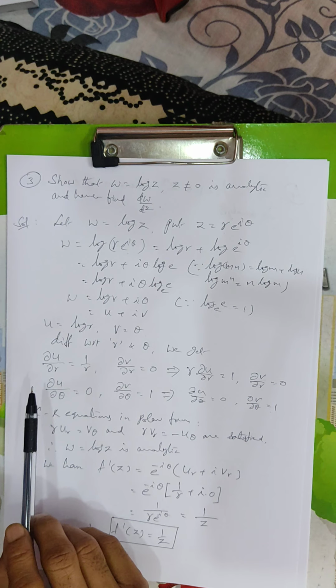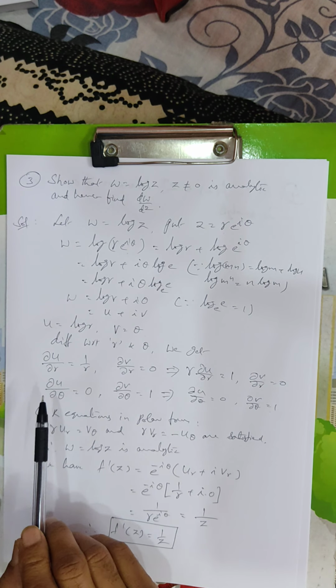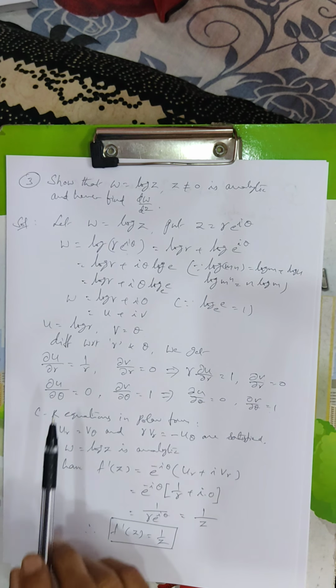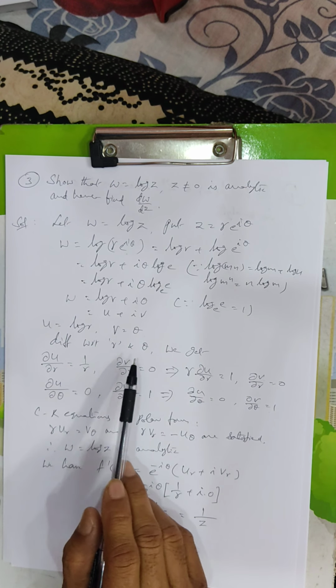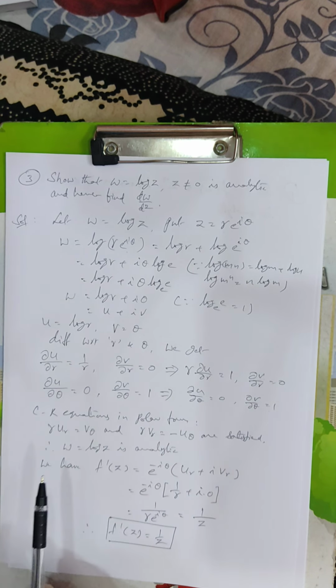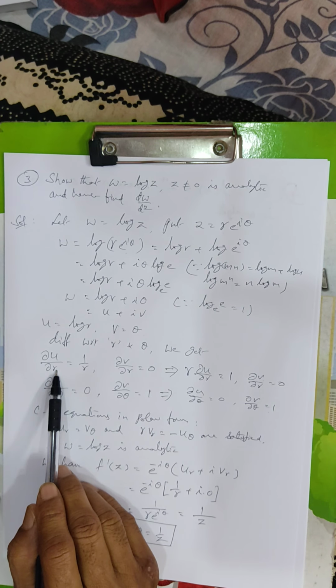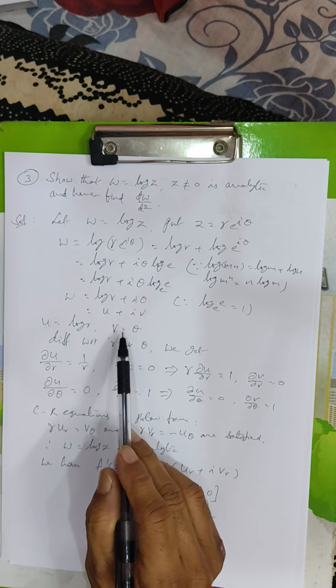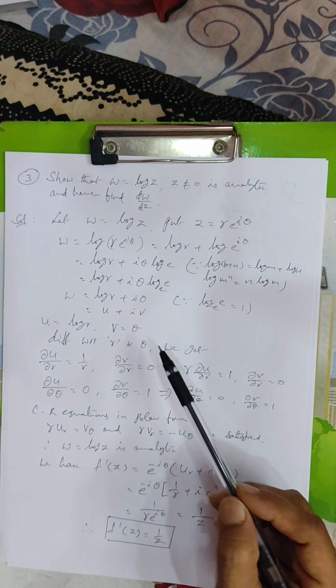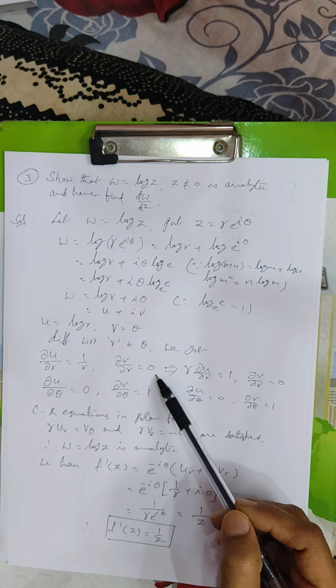Now to show that the given function satisfies the CR equations, let us differentiate these two functions with respect to r and theta partially. So dou u by dou r is equal to the derivative of log r, which is 1 by r, and dou v by dou r is equal to the derivative of theta with respect to r, which is 0.